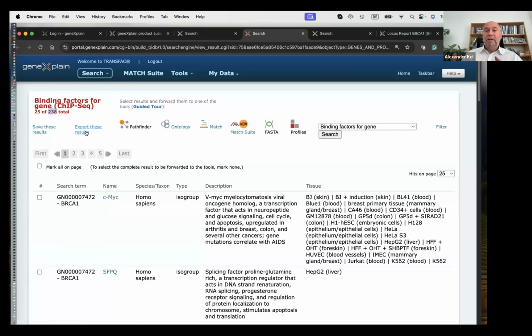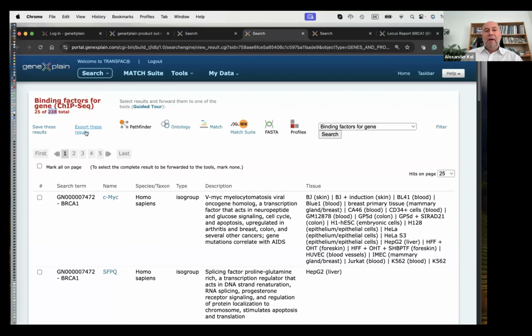But these experiments are very expensive. They're actually difficult to do. And far from all transcription factors which are regulating my gene in different situations are actually known. That's why it's important to predict which transcription factors may potentially regulate my gene.